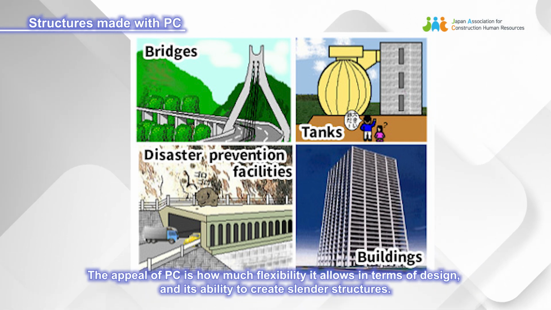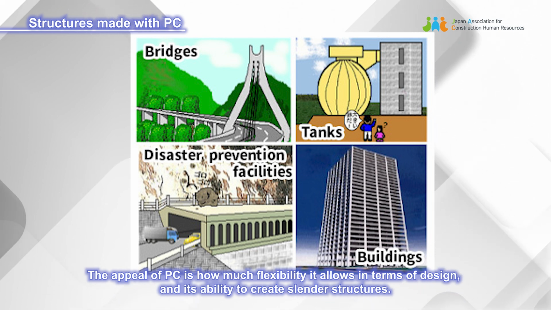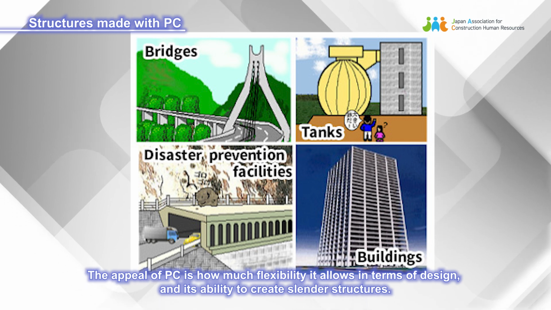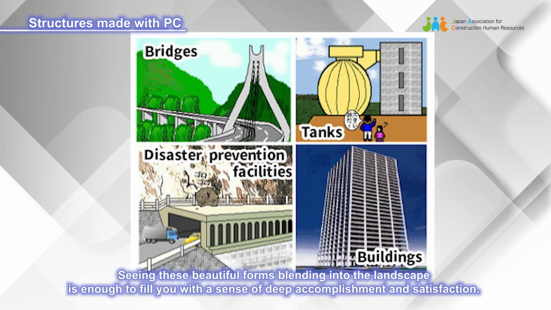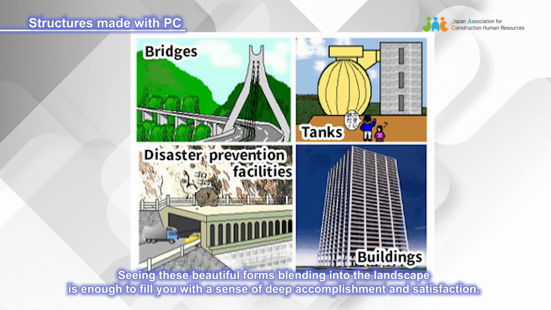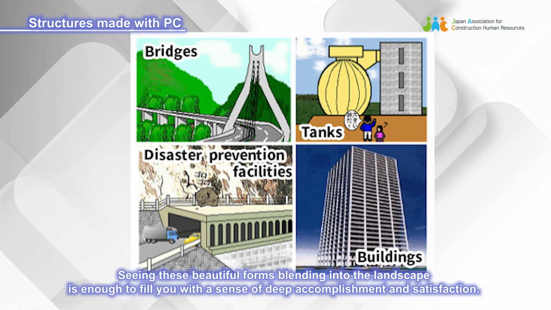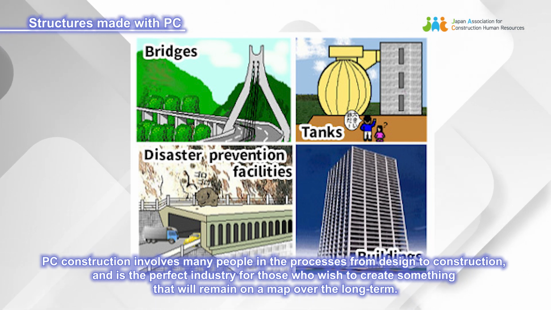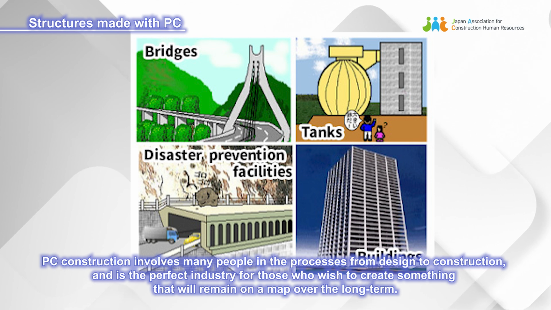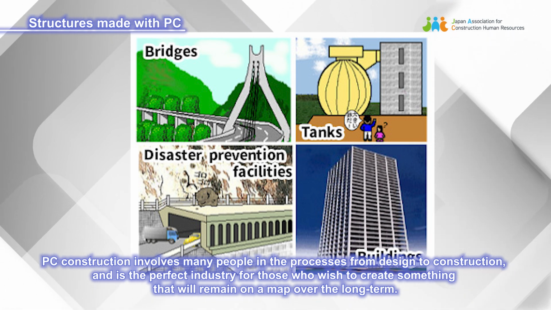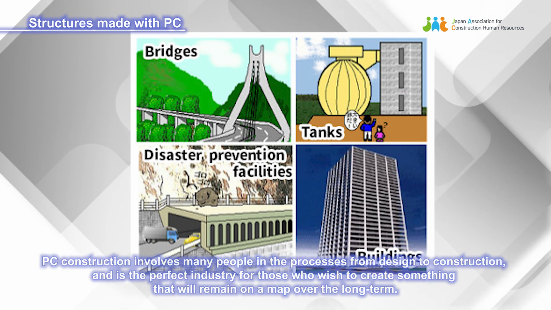The appeal of PC is how much flexibility it allows in terms of design, and its ability to create slender structures. Seeing these beautiful forms blending into the landscape is enough to fill you with a sense of deep accomplishment and satisfaction. PC construction involves many people in the processes from design to construction, and is the perfect industry for those who wish to create something that will remain on a map over the long term.